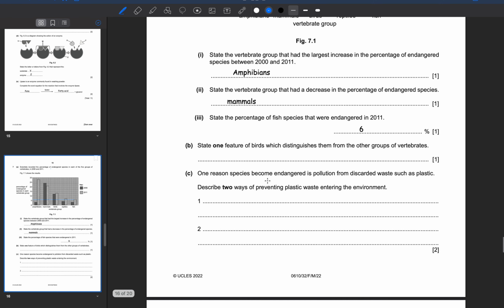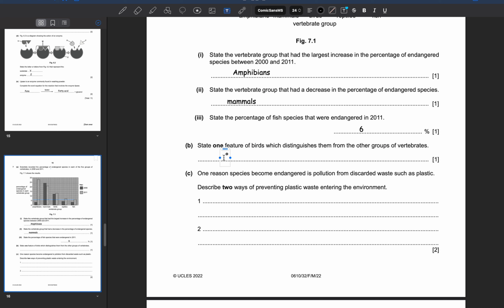The next one: state one feature of birds which distinguishes them from the other groups of vertebrates. I have to state the key feature that I can distinguish the birds from the other groups. So I have two key features for birds.